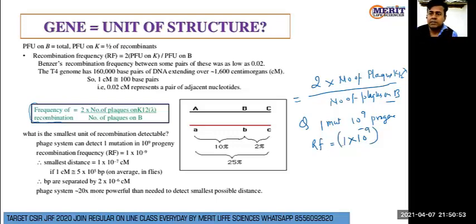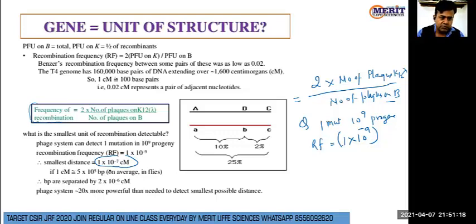Simply multiply 1 into 10 power minus 9. Got the point? And suppose minimum distance cannot exceed 1 into 10 power minus 7. Okay, so then you have to adjust.